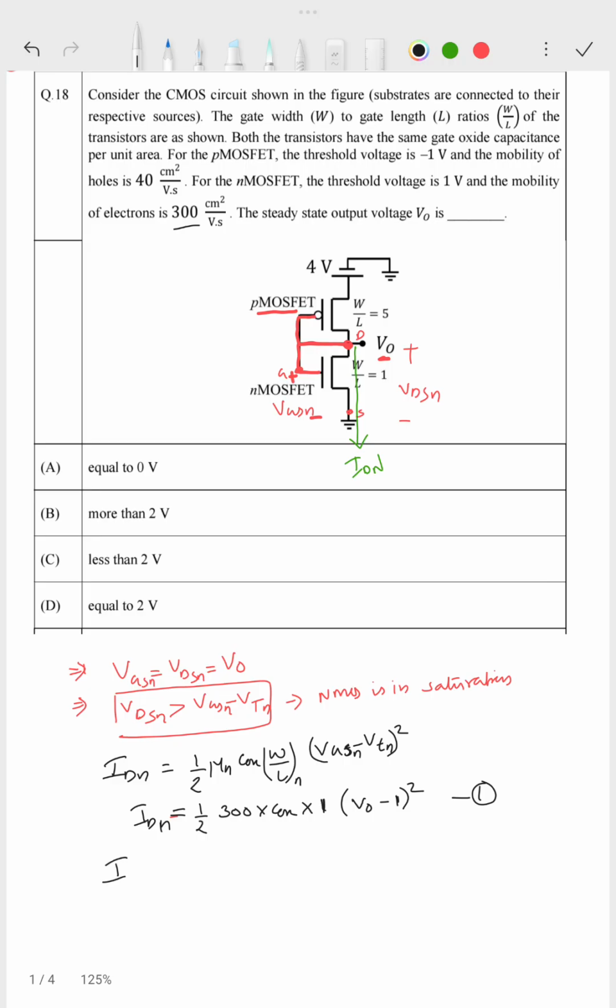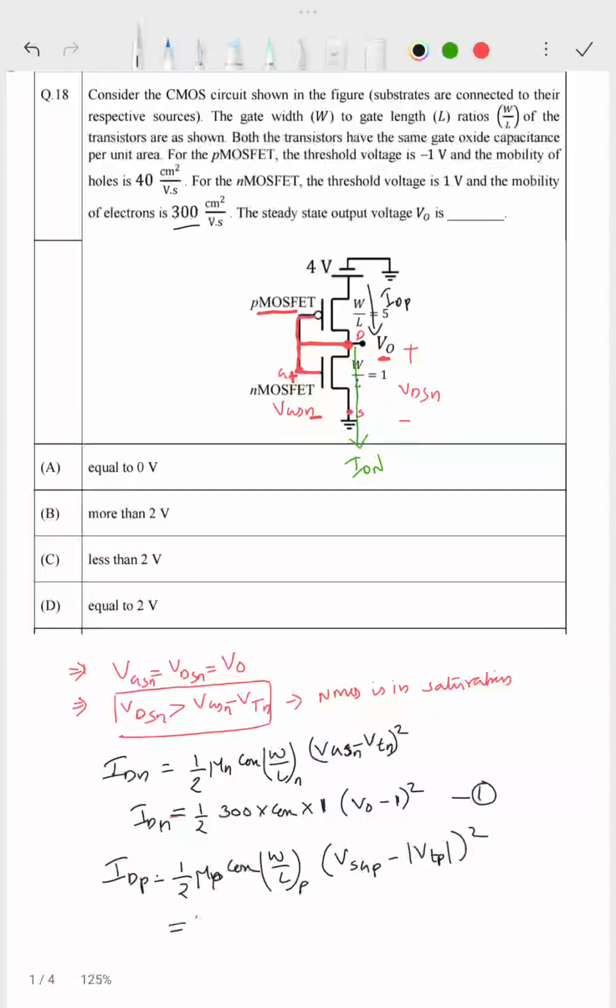Now similarly, what is the current IDP? IDP is the current flowing through the PMOS transistor. So I can write 1 by 2 mu p, not mu n, it is mu p, COX W by L of PMOS into VSG of PMOSFET minus the threshold voltage of the PMOSFET.